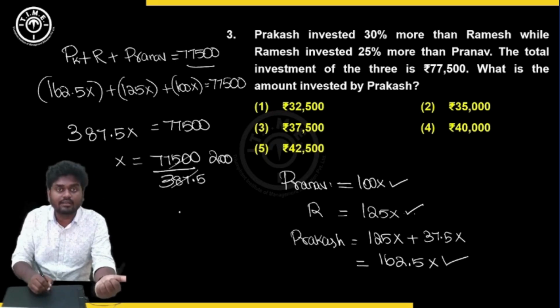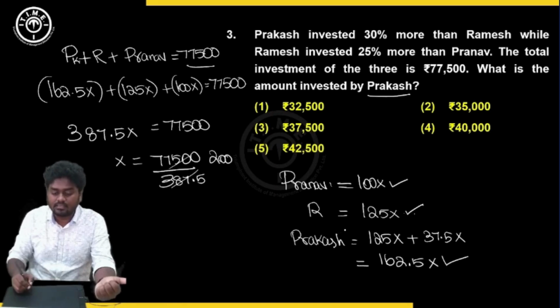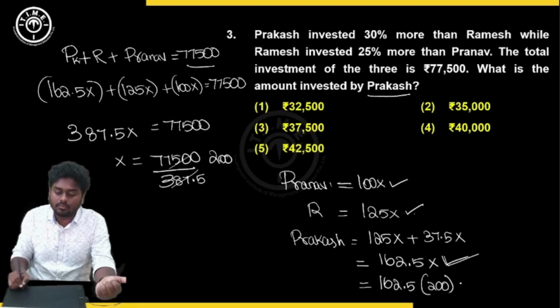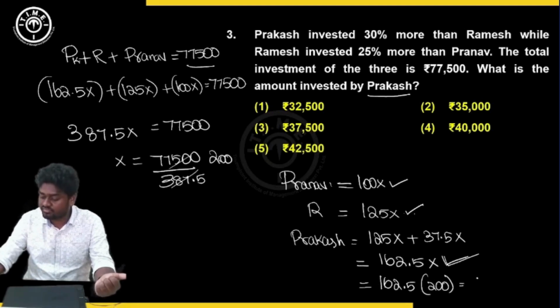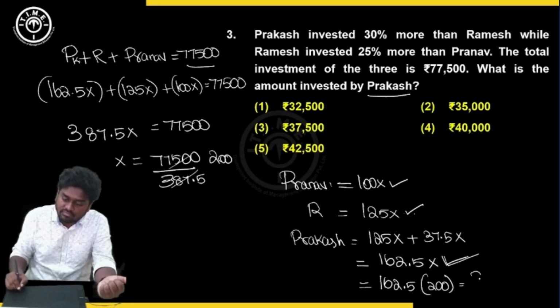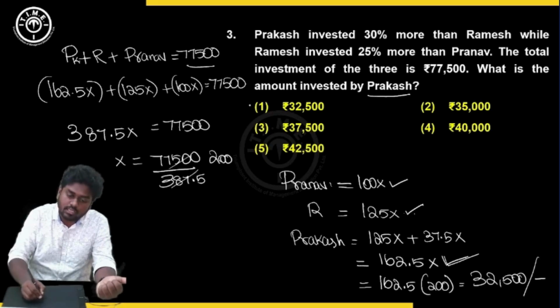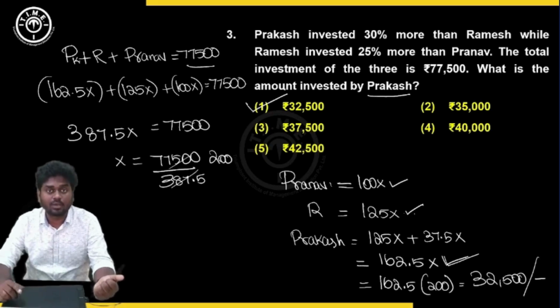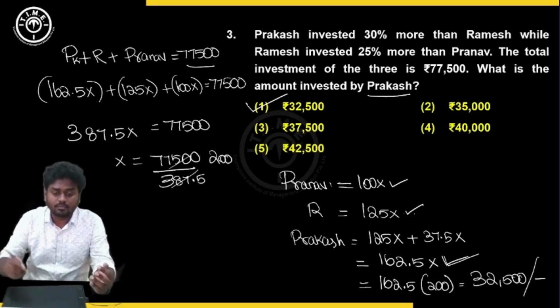We got the value of x as 200. They are asking what is the amount invested by Prakash. Prakash has invested 162.5x, so we multiply 162.5 into 200 and we get 32,500. So the answer for the third one is option 1, 32,500. Easy question. Let's go to the next question.